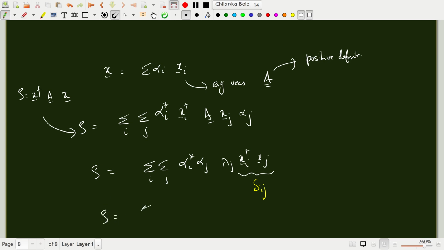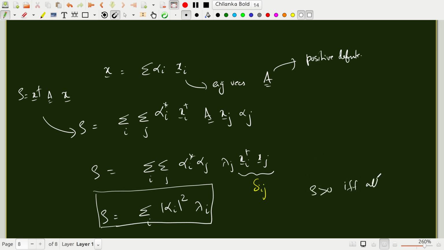So rho becomes summation i, both i and j become the same, alpha_i star alpha_i, which is the modulus of alpha_i squared, times lambda_i. Because the vectors are arbitrary, rho is greater than 0 if and only if all the lambdas are greater than 0. This is the definition of positive definite matrices.